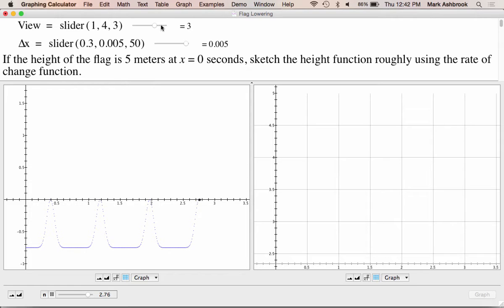This is a rough sketch. This is what it is.